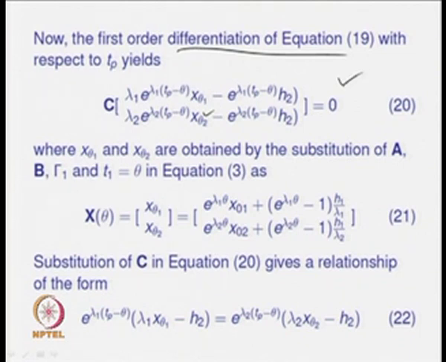So, when further x theta 1 and x theta 2 are obtained from equation 3, it is not difficult to obtain the expression for x theta, which gives us x theta 1 and x theta 2.